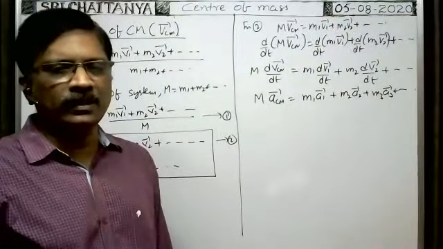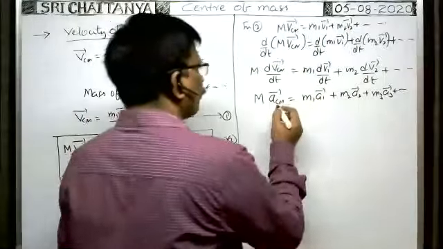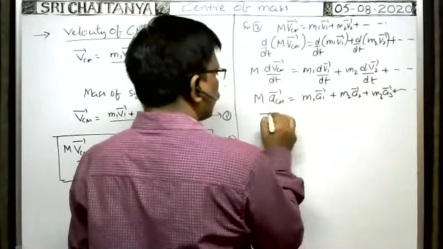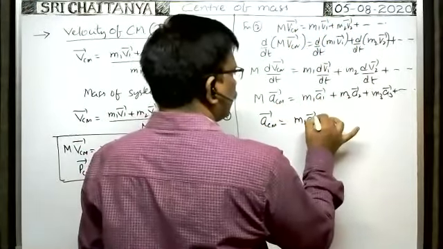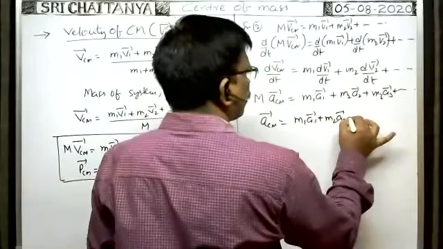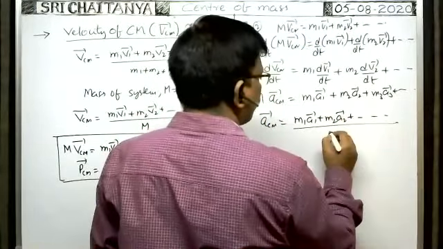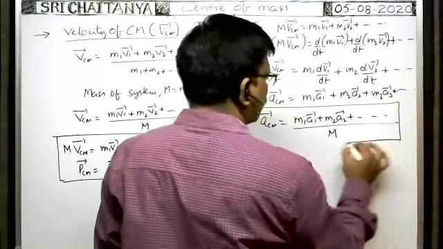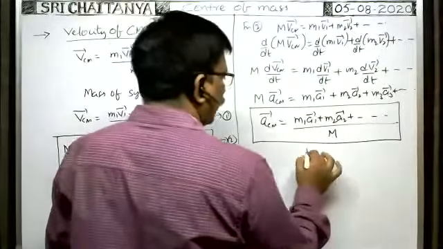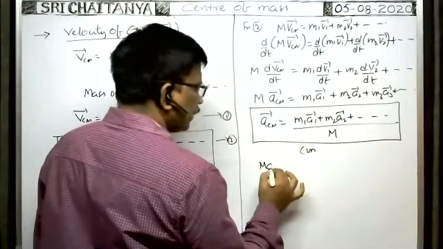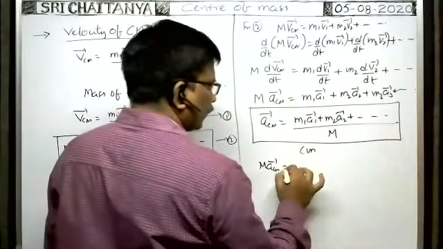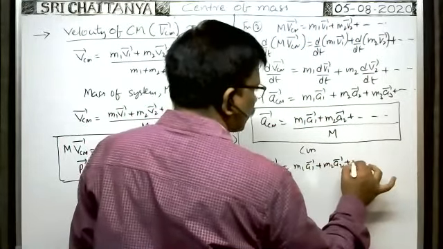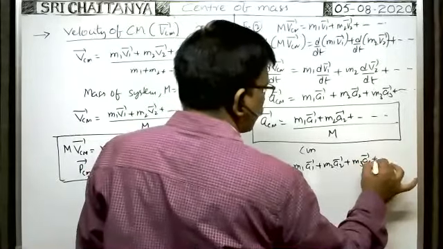So from this, acceleration ACM is equal to M1A1 bar plus M2A2 bar plus and so on, by the total mass of the system, capital M. So this is the formula for acceleration of the center of mass, or M ACM bar, which I am writing again: M1A1 bar plus M2A2 bar plus M3A3 bar plus and so on.